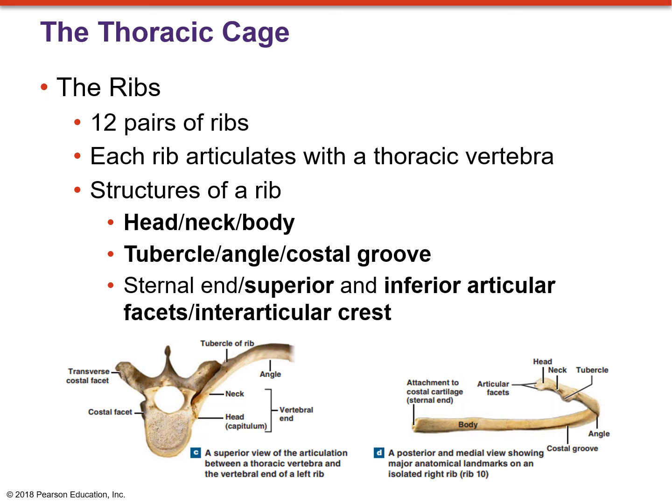Each rib will articulate with a thoracic vertebra. Looking at it, you can see the head, neck, and body of the rib. The head of each rib articulates with the body of the thoracic vertebra or between the adjacent vertebral bodies.